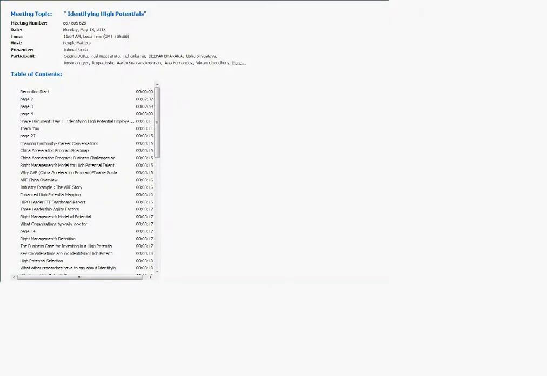On the next page you can see the model that we operated with the China Acceleration Program, together with Right Management. That's why I'm so happy to have Sean here, because we worked together on this program. From this model, you can tell these are the key steps that we went through. In the first phase, we spent time very carefully to ensure that we got things right from the very beginning.